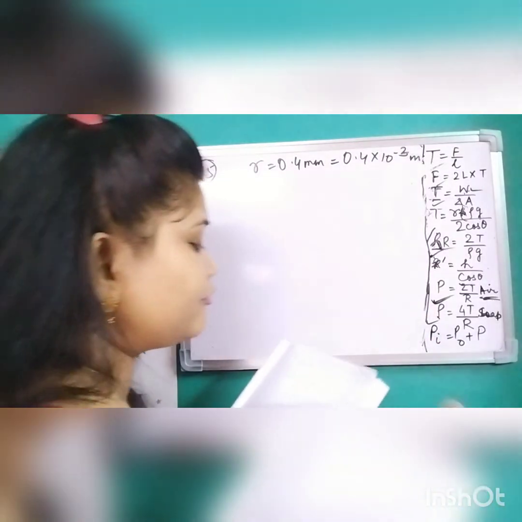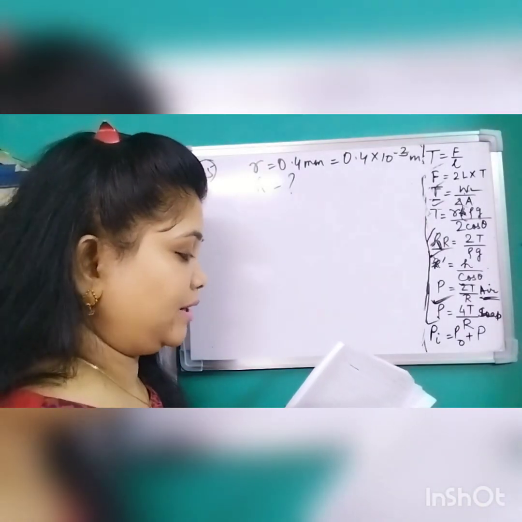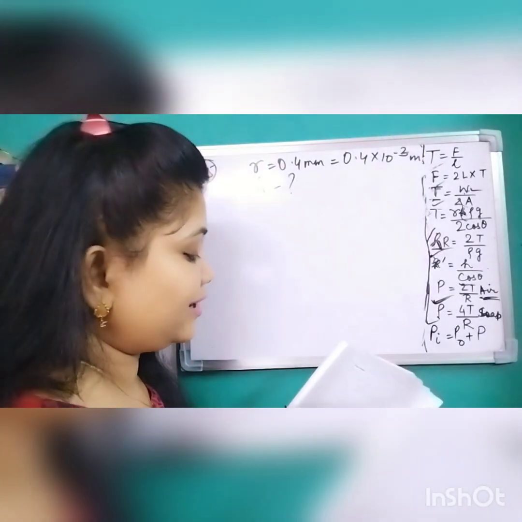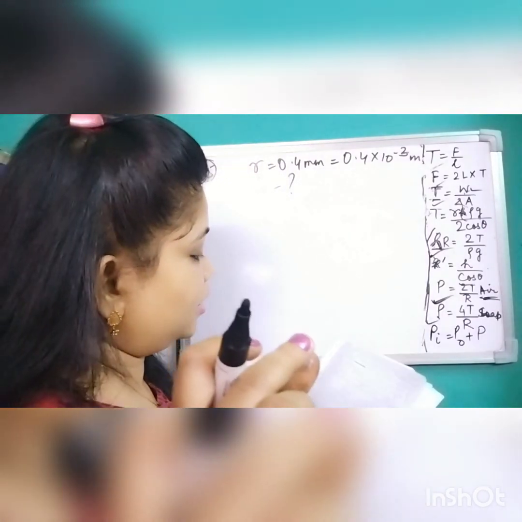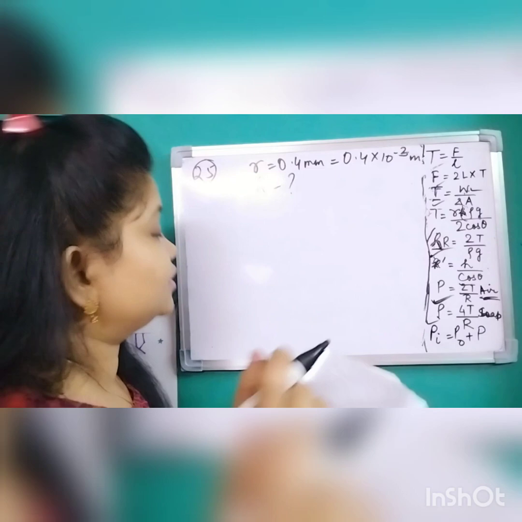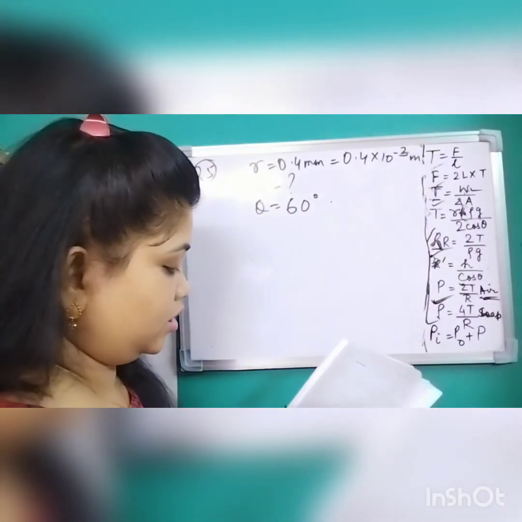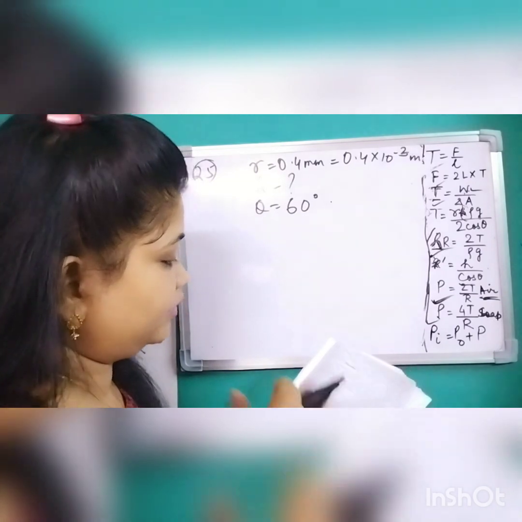The capillary is held vertical in water. Find up to what height H the water will rise in the capillary, if the capillary is inclined at an angle of 60 degree with the vertical. That means theta is given as 60 degree with the vertical.